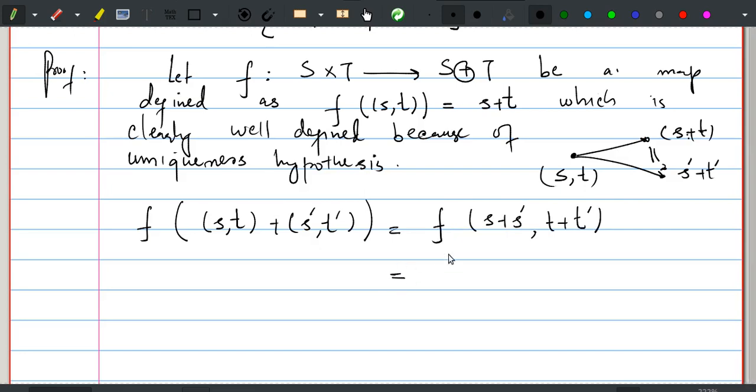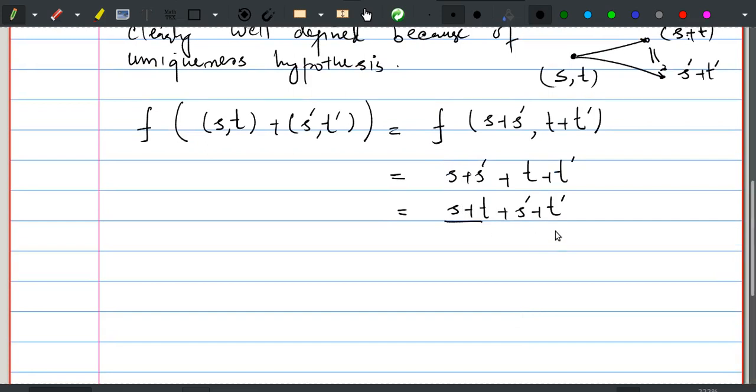Now by definition of f, this is equal to s plus s prime plus t plus t prime, and this is the same as s plus t plus s prime plus t prime, because G is given to be abelian, so we can rearrange the terms. So this element is f of (s, t) plus this element is f of (s prime, t prime).